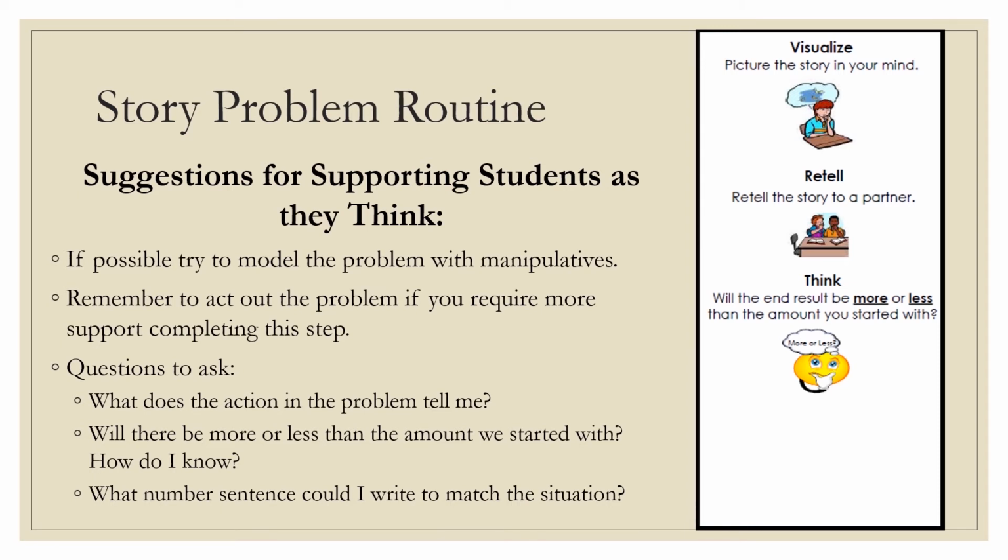Remember to act out the problem if you require more support. Some other questions to think about are, what do the actions in the problem tell you? What number sentence could you write to match the situation?